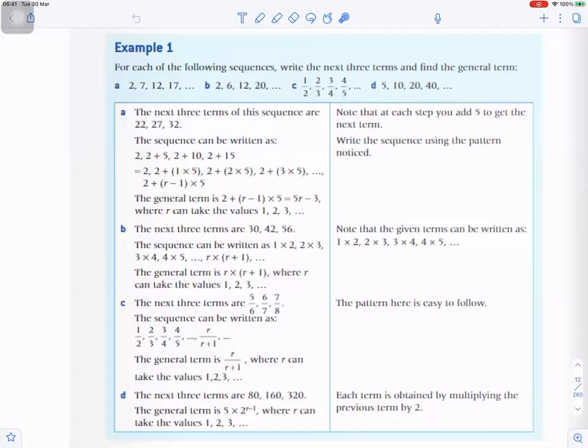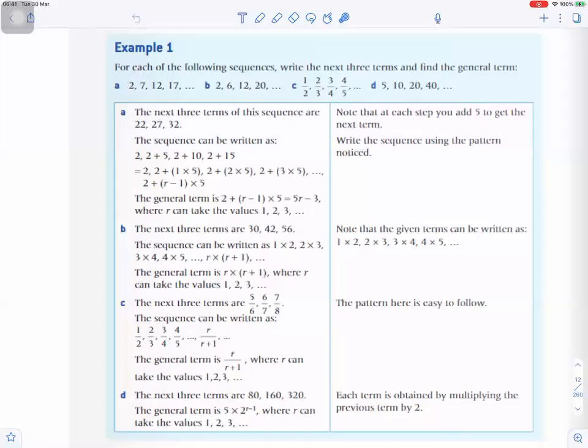Example 1, for each of the following sequences, write the next 3 terms and find the general term. So it goes 2, 7, 12, 17. So the next 3 terms of this sequence are 22, 27, and 32. So you start with 2.